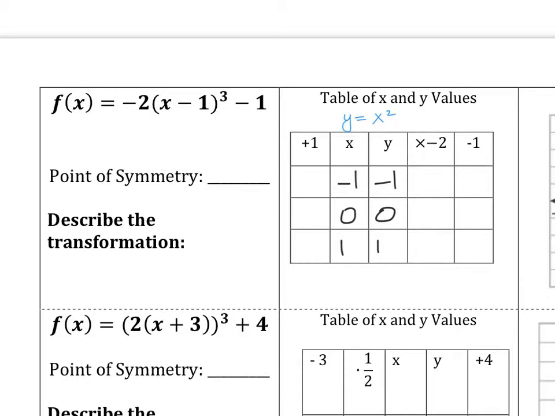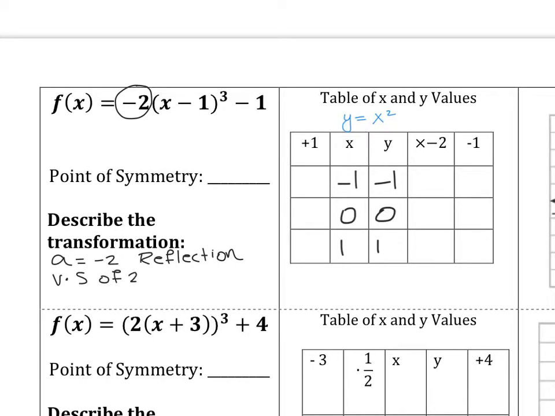So the first thing I can see is that there is a -2. If the a is negative, so a is -2, that means there will be a reflection over the x-axis, okay? And there will be a vertical stretch of 2, since 2 is greater than 1.